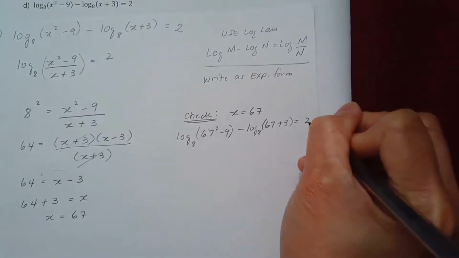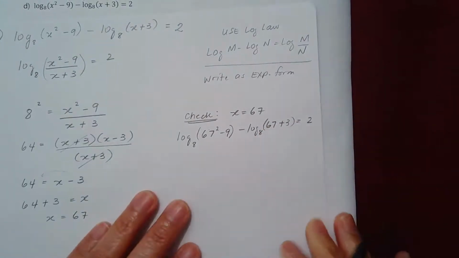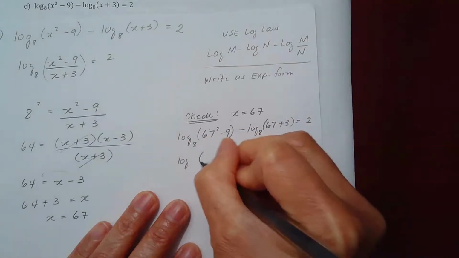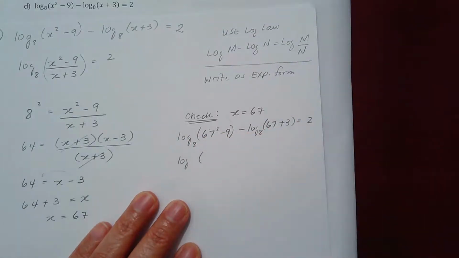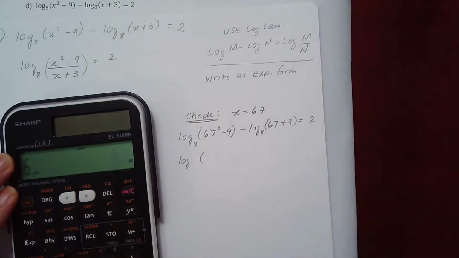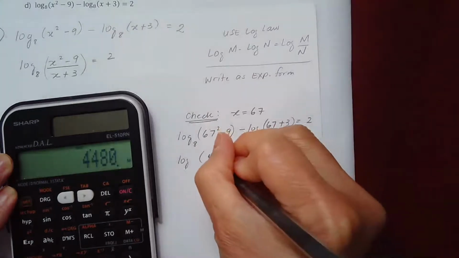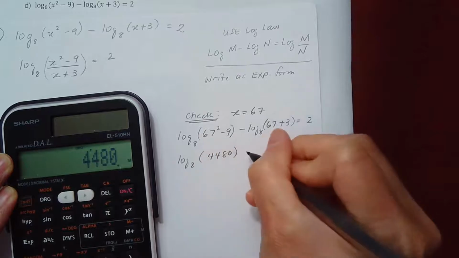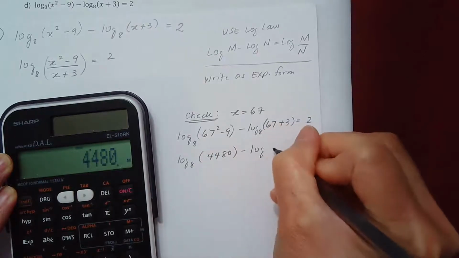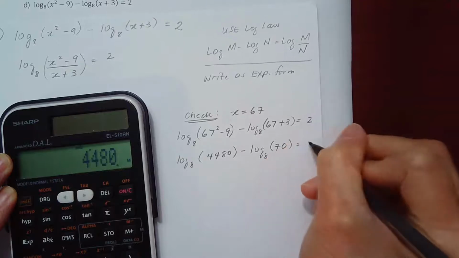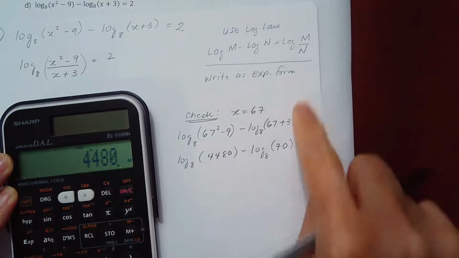That's equal to 2. Simplify that. So this is going to be a big number. 67 squared minus 9 is 4,480 base 8 minus log of 70 base 8. Now the right side is always going to be 2.